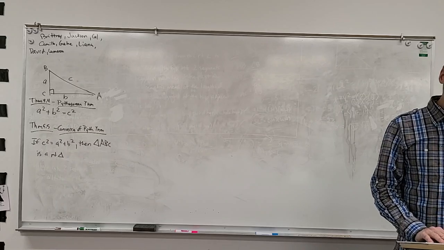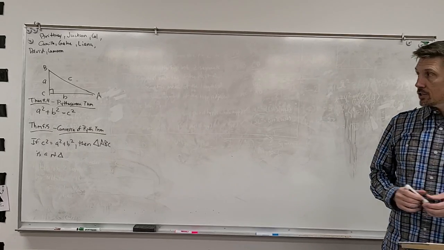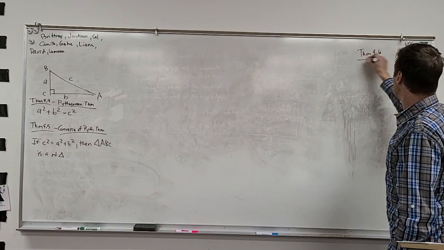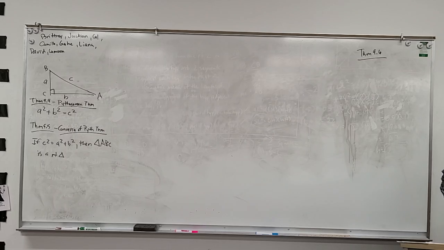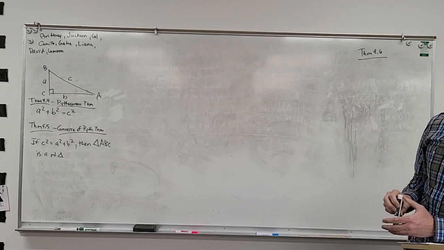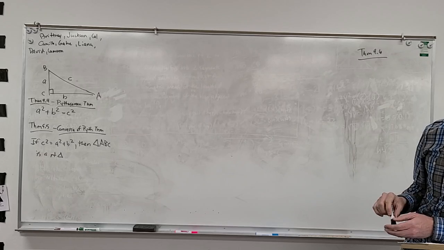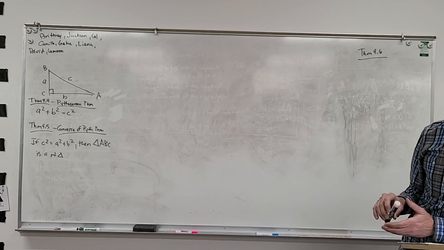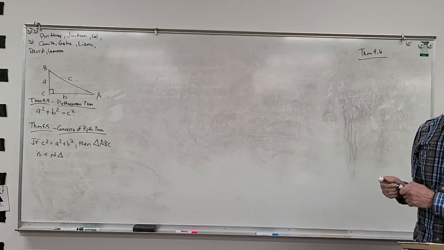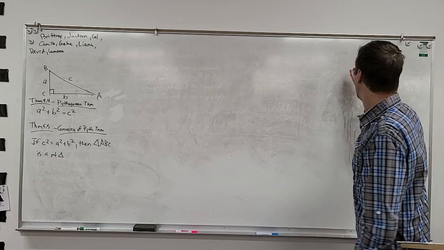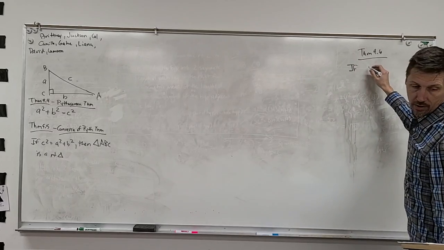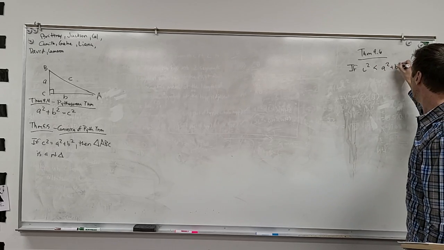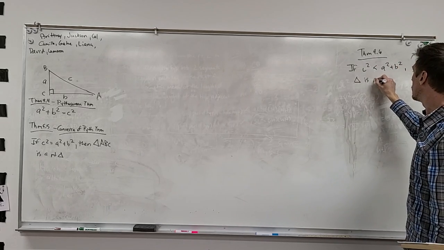Now, that's a great segue into the last two theorems, Theorem 9.6 and Theorem 9.7, which use the Pythagorean theorem to tell you, if it's not a right triangle, whether you're dealing with an acute triangle or an obtuse triangle. Theorem 9.6 says if c squared is less than a squared plus b squared, the triangle is acute.